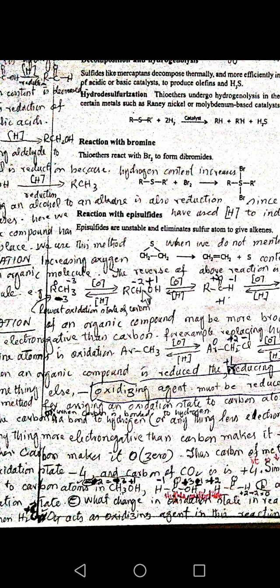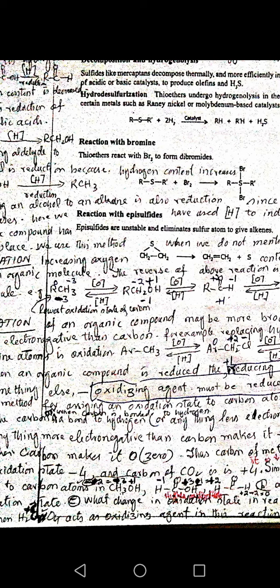Here the oxidation state of the hydrogen is calculated in this way: -1 for hydrogen. But keep in mind that it is taken as +1 for hydrogen in inorganic compounds. Here we are taking -1 for hydrogen.